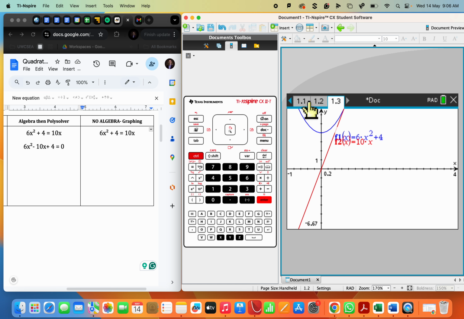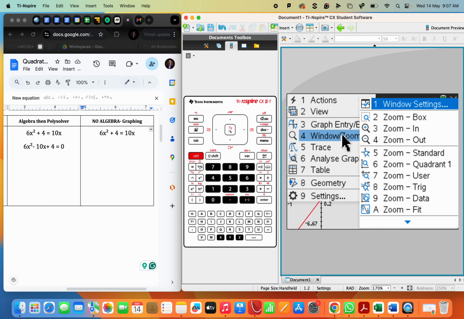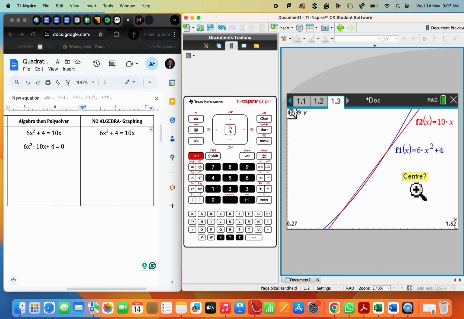I'm going to stick to this method because I think that top value, I'm going to go up to 20. Ooh, look. I wonder if there's 1 or 2 intersections in this region here. Now we can zoom in a little bit more. Menu, window zoom, zoom in, click, click. Can you see there does look to be 2 intersection points?